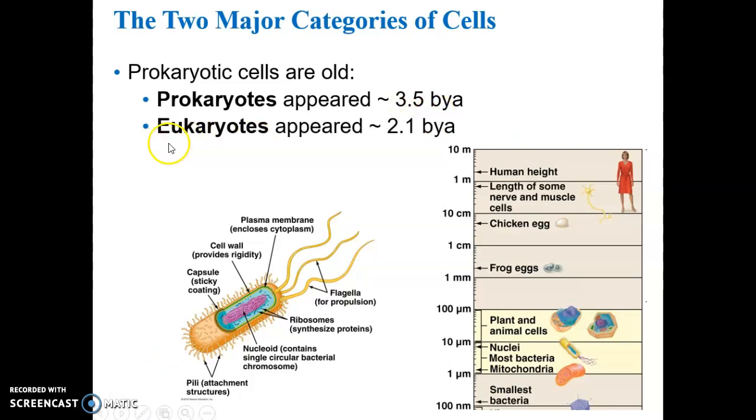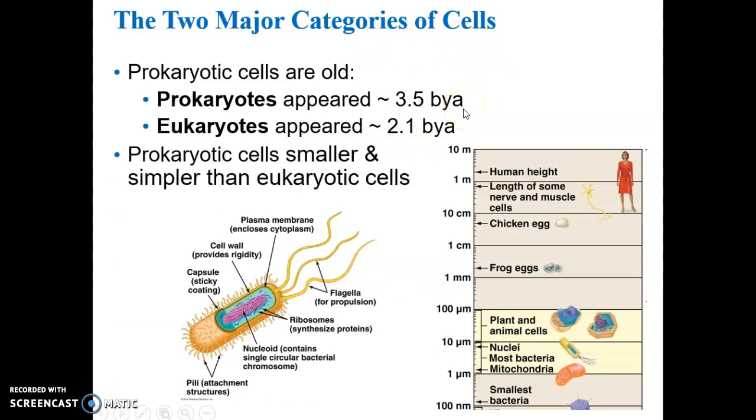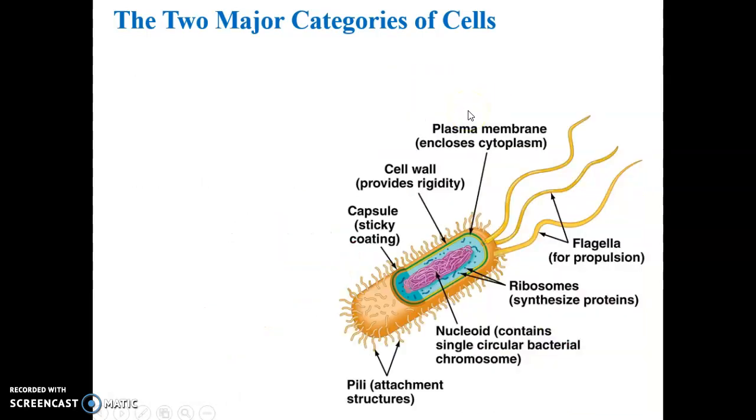The eukaryotic cells, the cells that have a nucleus, are more elaborate cells and more recently evolved, about 2.1 billion years ago, which is a long time ago, but the prokaryotic cells are quite a bit older. So prokaryotic cells are smaller and simpler than the eukaryotic cells, as we saw a couple minutes ago, but they are very successful and they've been around for a very long time.